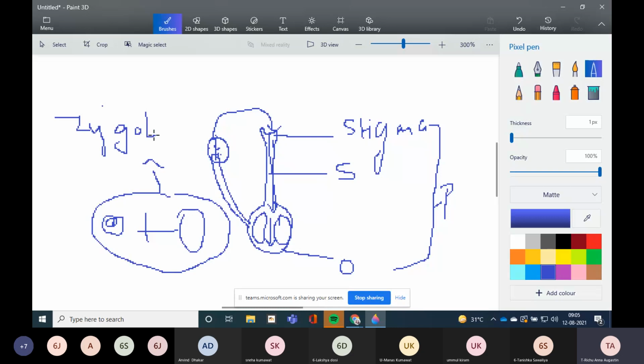Even when a human baby is formed, the first cell formed is the zygote. So here also the zygote is formed by the fusion of the pollen and the ovule. Sorry, not the ovule. These ovules contain eggs. The pollen contains male gametes. These male gametes will fuse with the female eggs, and they will form the zygote. Is it clear?